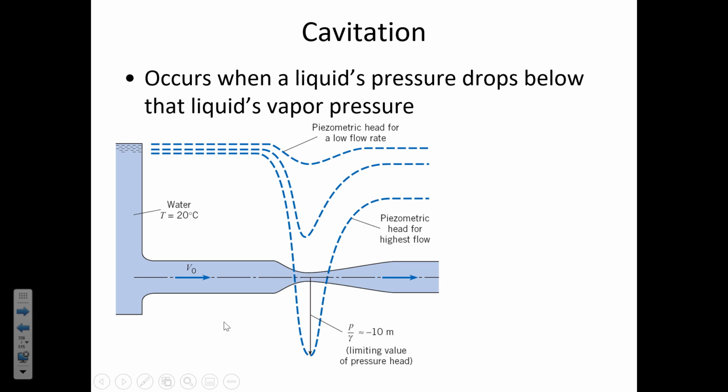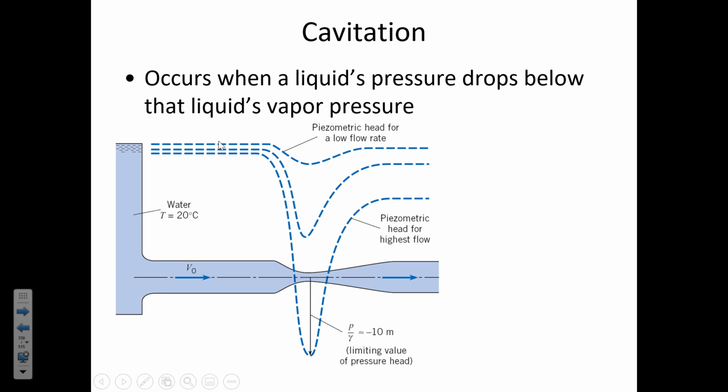In the lab we had a section where water's flowing through a pipe, and then there was a contracting throat where the diameter got smaller, and because of that the velocity went up. And you saw this sag curve. Because there were piezometers connected to that horizontally oriented pipe, you saw the reduction in piezometric head. So the piezometric head is how high the liquid level would rise in a piezometer to reflect the pressure in the pipe.